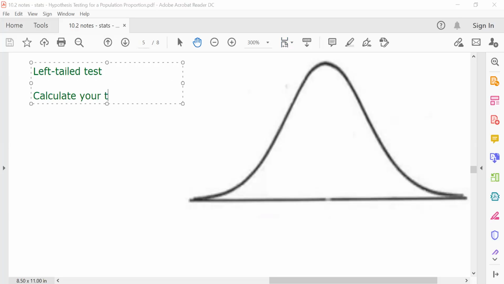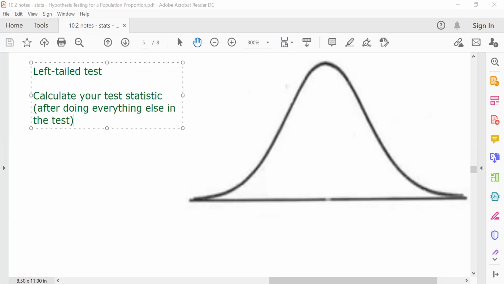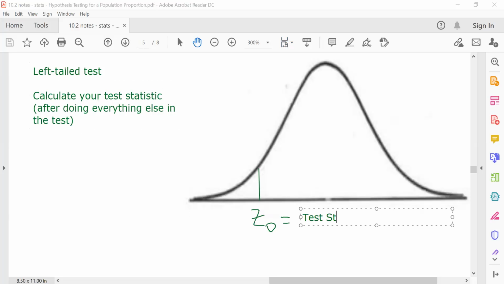You first calculate your test statistic after doing everything else in the test. Now let's say that this is your test statistic that you've calculated.